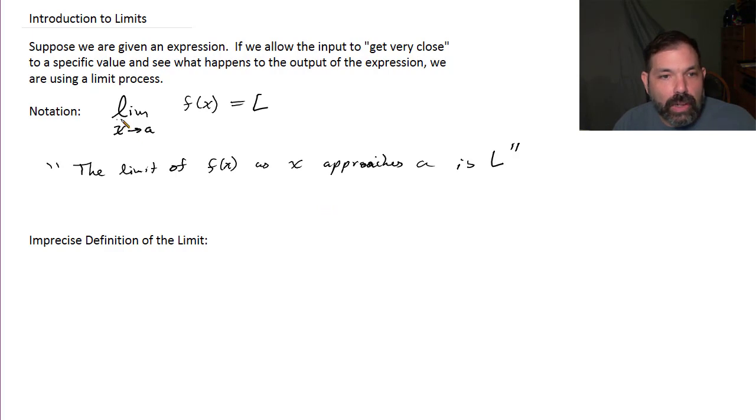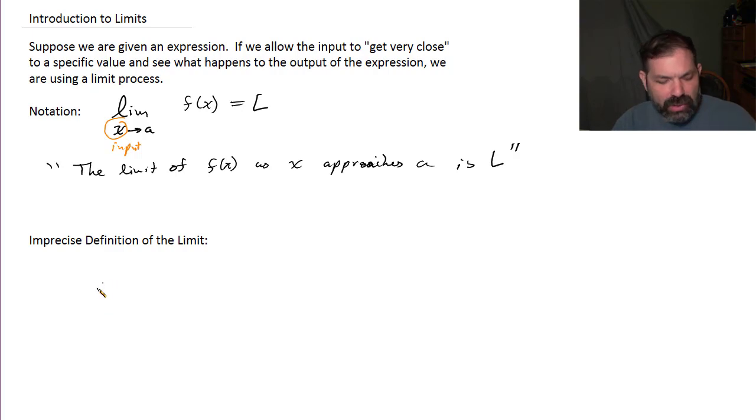We're letting our input, x, get close to some specific value, and it gives us some output, if it exists. We'll talk more about what we mean if it exists.